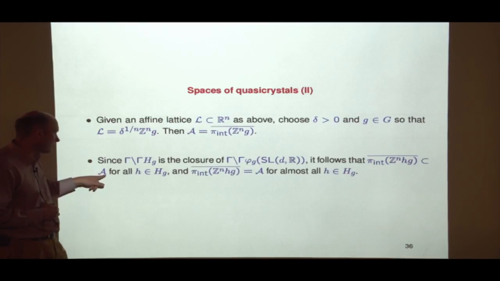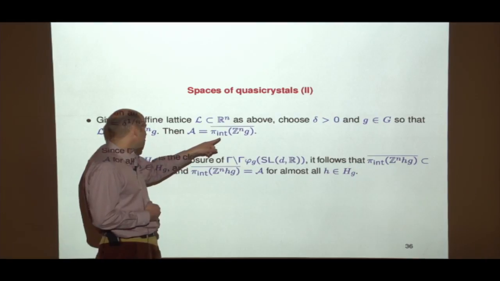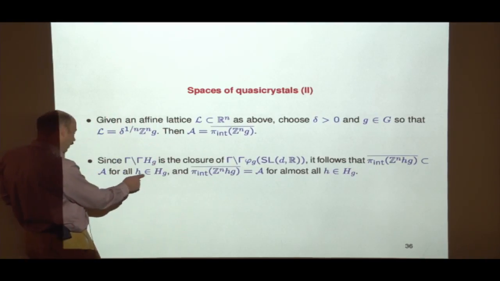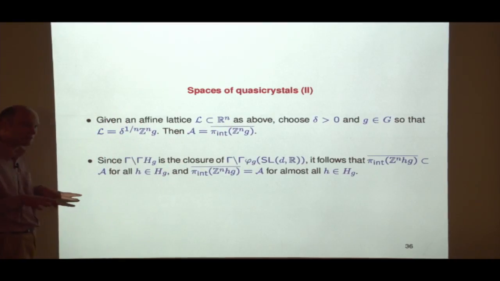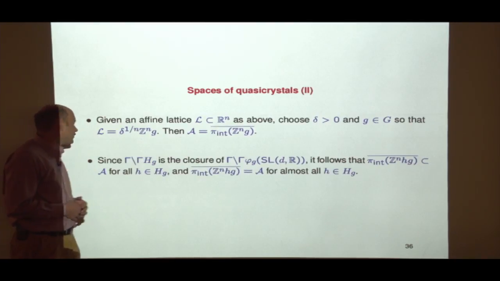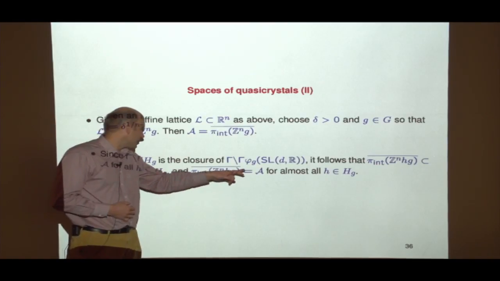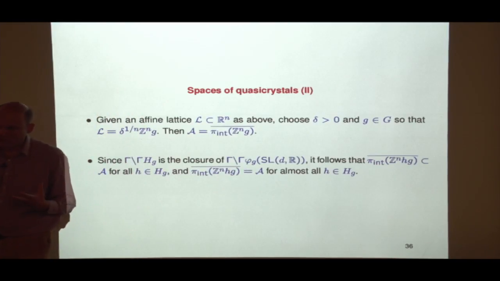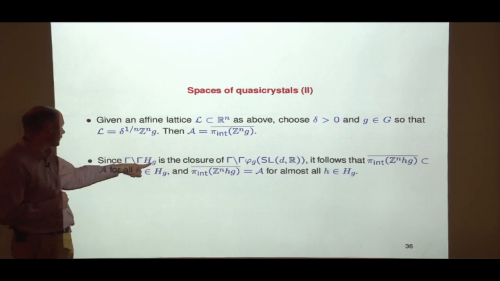And what we can show is that the projection of all points in this orbit are contained in A. So that's good. We're not leaving our initial internal space. And secondly, for almost all points H in there, we actually get all our internal space. So what this means in simple words is that we have constructed a whole family of cut and project sets, which are parametrized by this.